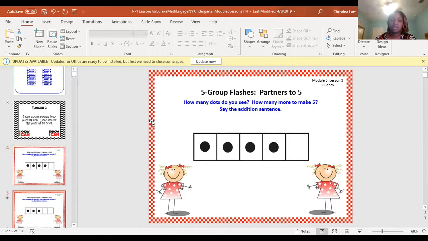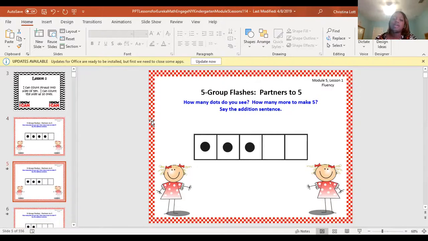And then on this one, we're going to make an addition sentence. So how many dots do you see? Awesome. And how many more do you need to make 5? Okay, I'm hoping you said 2, because we are going to make that into an addition sentence. I'm going to share my screen with you so we can do this together.